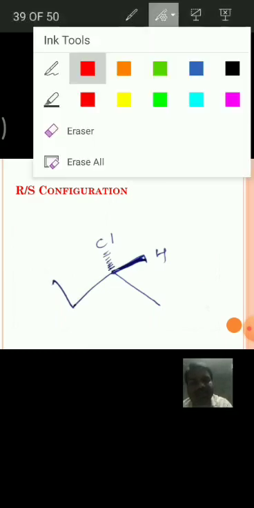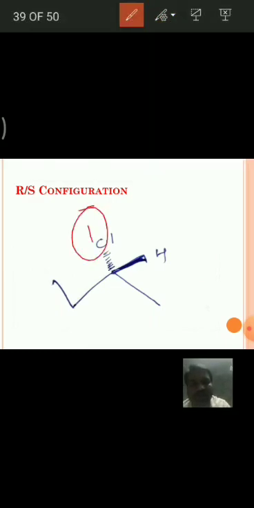One more example. See here again, chlorine is 1, this is 2, this is 3, and this is 4. In this case also the fourth group is not with hatched wedge. Then exchange groups, 4 with 1 and 2 with 3.